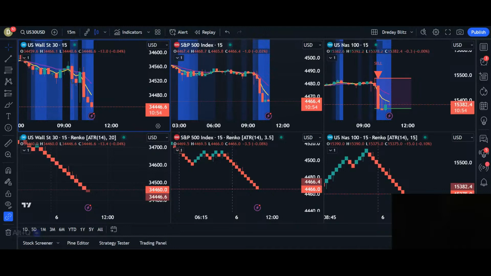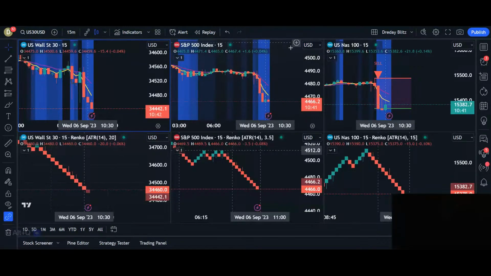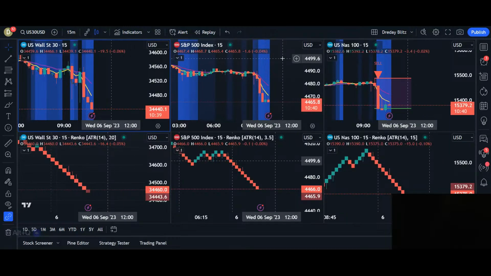So for US30, it's still bearish here, so that's perfect. And S&P 500 is still going down, and it's only Nasdaq that is still showing a bearish movement on the Renko bars, but on the actual pattern, it's going up a little bit.